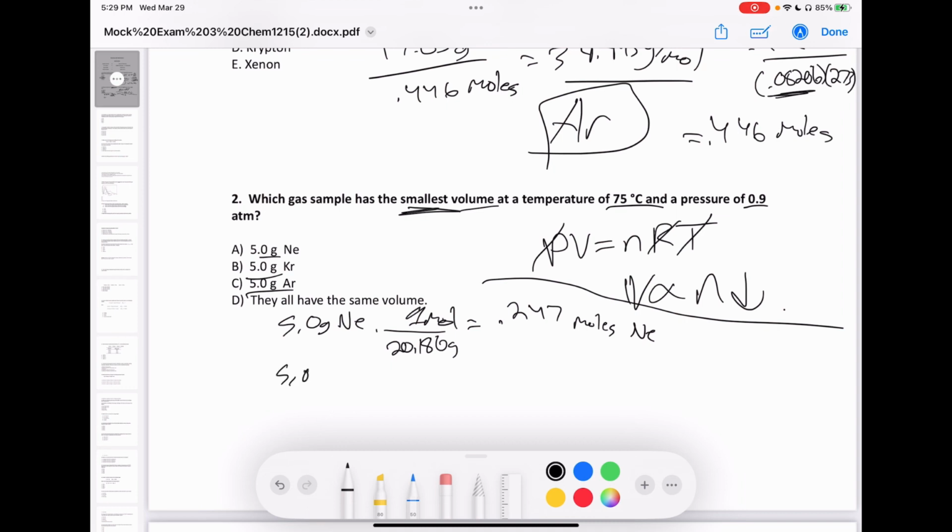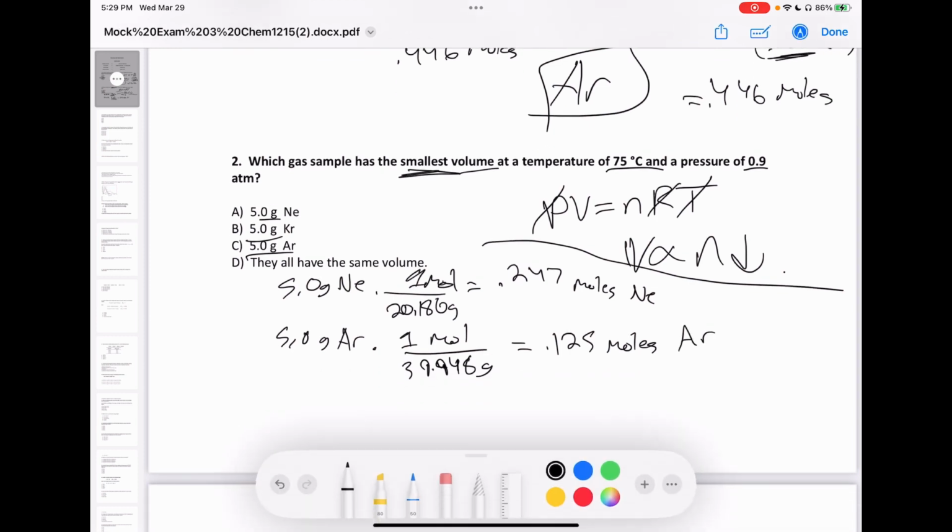And then let's do argon next. So 1 mole, and when we're dividing by the molar mass of argon, that's 39.948 grams, which is equal to 0.125 moles of argon.